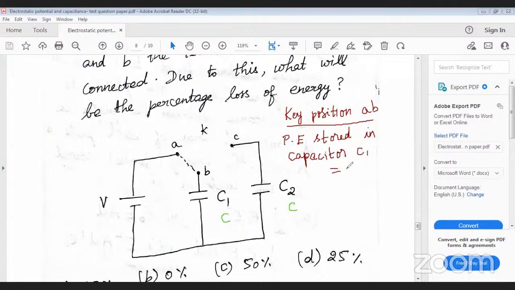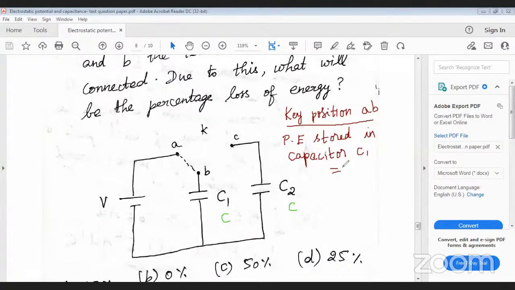So what is the equation for this now? Do you remember the equation for finding the potential energy stored in a capacitor when you have the capacitance value C and potential difference V?